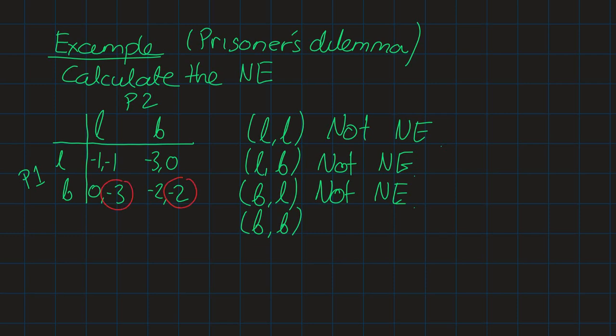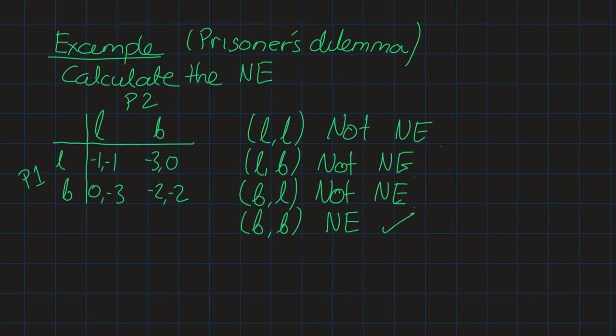If player 2 changes from B to L, they go from -2 to -3, which again is getting worse. So both players in this case are content. They can't improve the payoff by changing. So BB is a Nash equilibrium, and it's the only Nash equilibrium in this game.